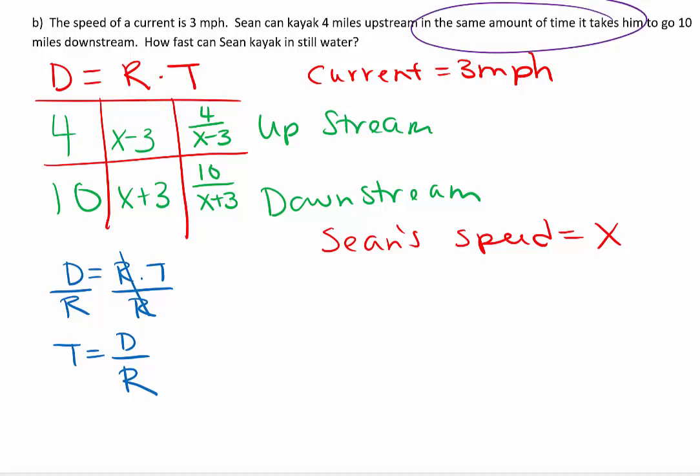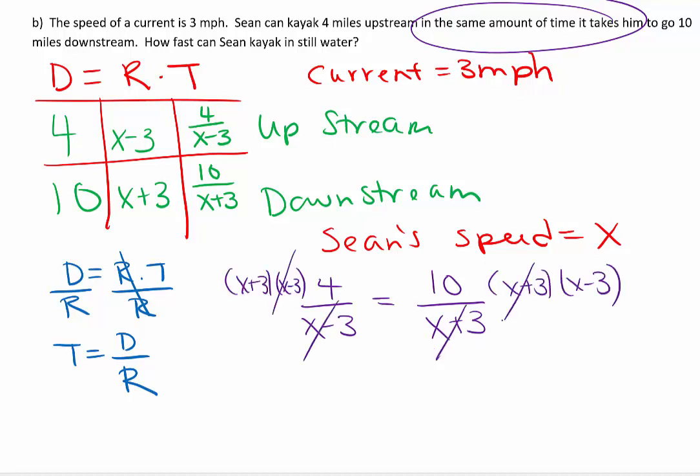Now to get the equation that I'm going to solve, I'm going to reread the problem, and let's see, Sean can kayak 4 miles upstream, there it is, in the same amount of time. That's telling me that the two times are equal. So I'm going to set 4 over x minus 3 equal to 10 over x plus 3.